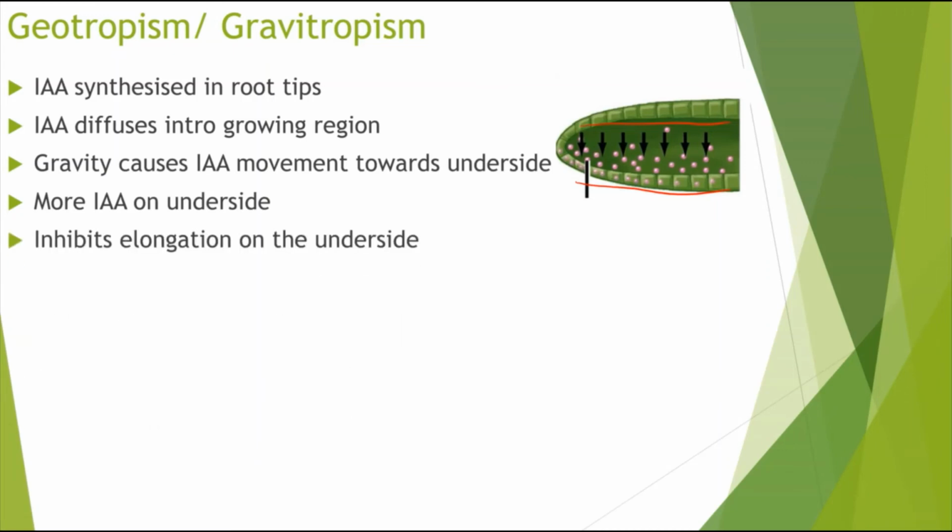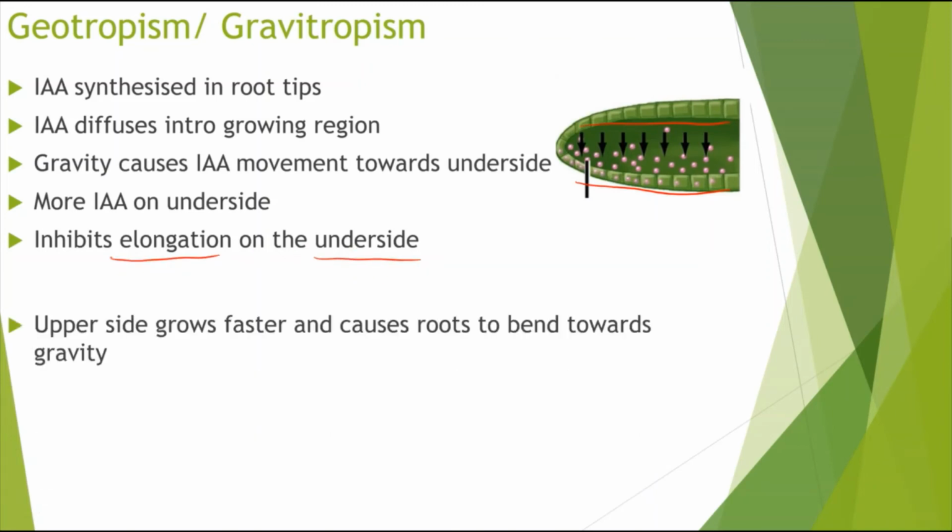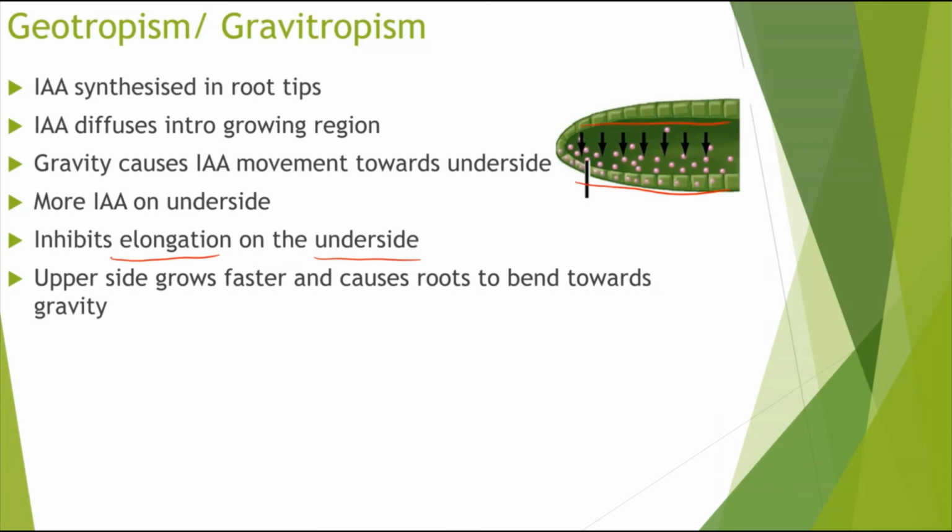And in this instance, in geotropism, instead of stimulating elongation, it inhibits elongation on the underside. What this means is the upper side would grow faster than the underside, and it causes the roots to bend towards gravity.